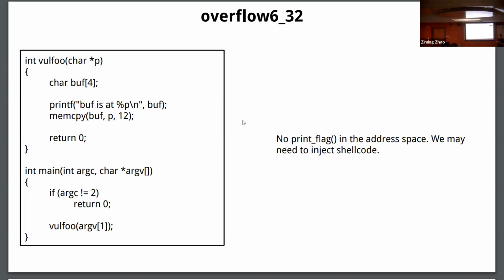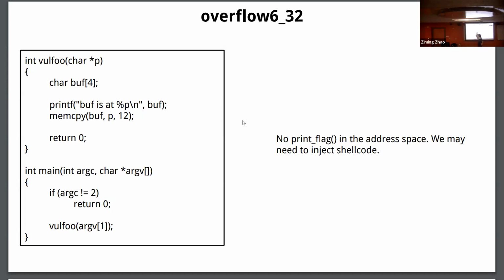It's still possible that you are copying more bytes than the buffer can hold. In this case, the buffer we're asking for is only 4 bytes, and we're copying 12 bytes, okay? So as long as the compiler is not generating 12 bytes for the buffer, we're overwriting something else.